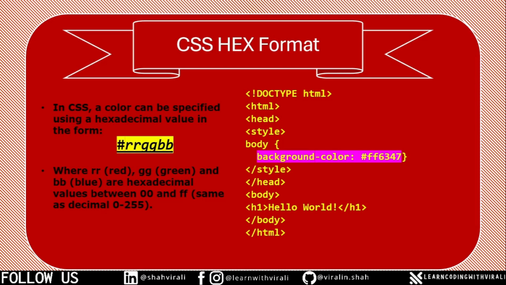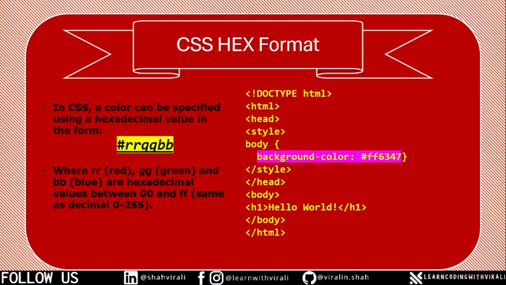Next, let us understand the HEX format. In CSS, a color can be specified using a hexadecimal value in the format of hash RRGGBB, where RR stands for red, GG stands for green, and BB stands for blue.